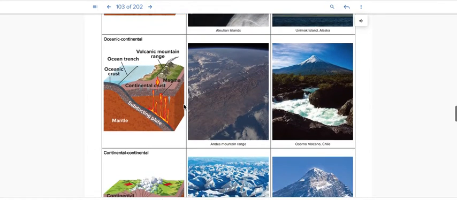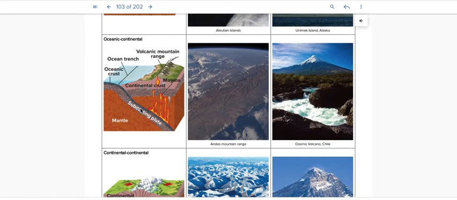The next one is ocean-continental convergent boundaries. So here you're going to have a piece of the ocean crust, which is usually lower and will be less hard than the continental crust. So the ocean crust will be the one that subducts.